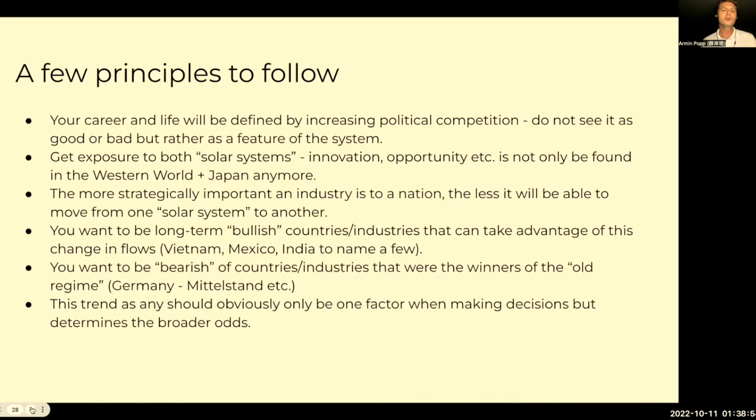For these three, they will be very much in support of US investors and US politics, and therefore US capital. And you want to be bearish on some countries and industries that were really dominant and did really well in this old regime, so in the unipolar regime.